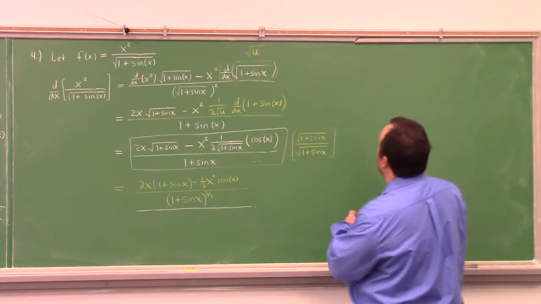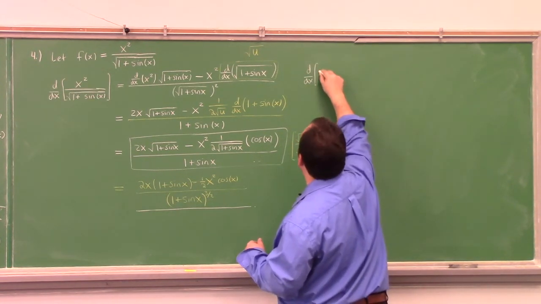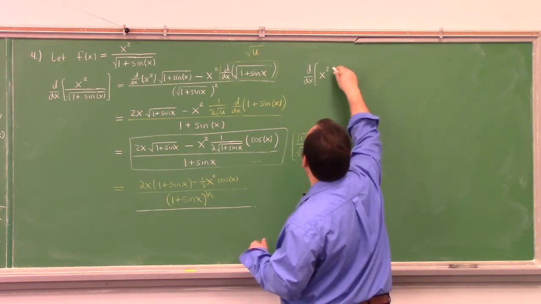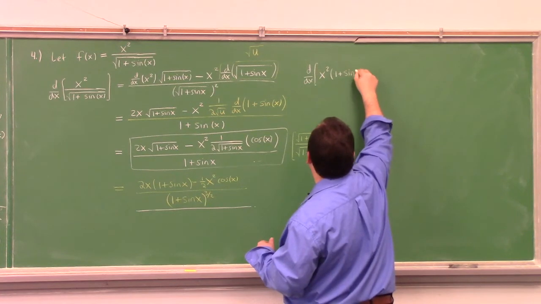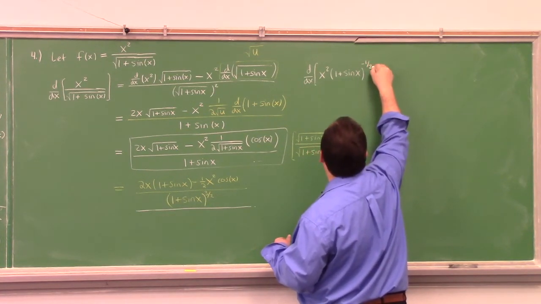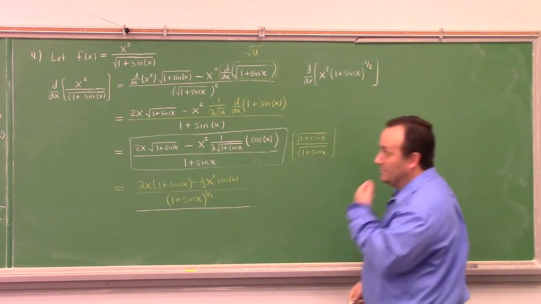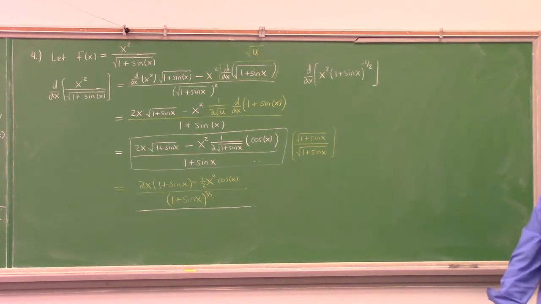How about this? What we're really looking at is d/dx of x squared times 1 plus sine x to the minus 1/2 power. That's what that is. It's a product of x squared and 1 plus sine x to the minus 1/2 power, by algebra.